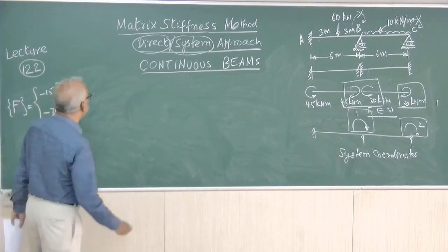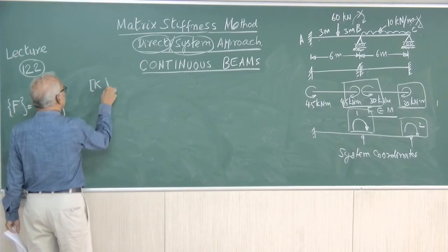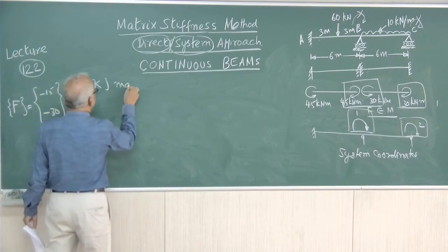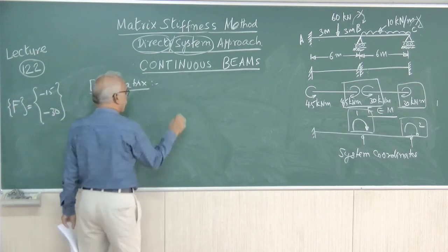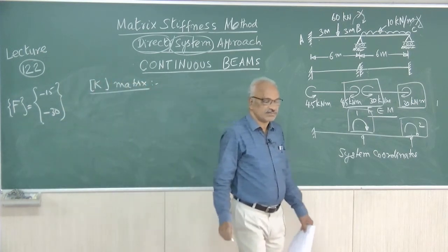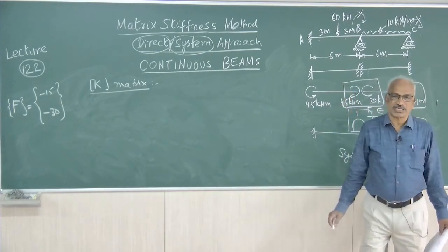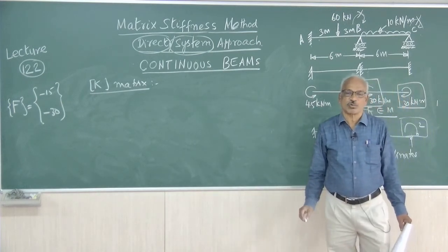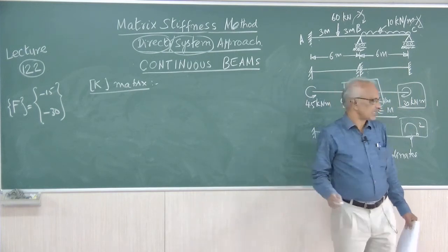Then we have to form the K matrix. For the K matrix, we have to apply unit forces along the system coordinates one at a time and form the stiffness matrix.